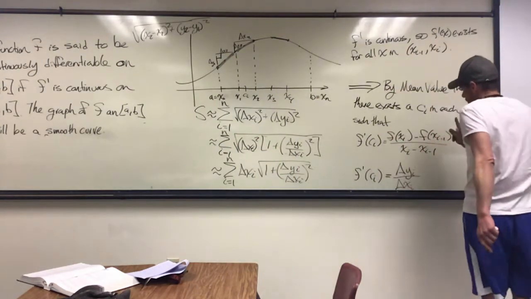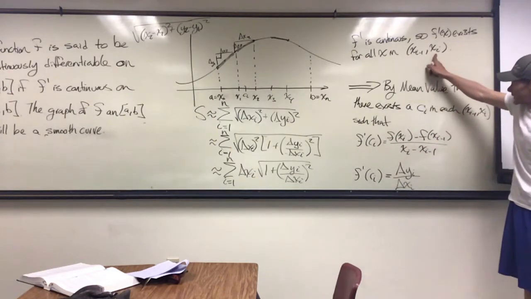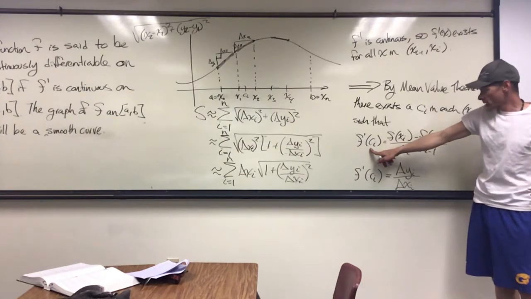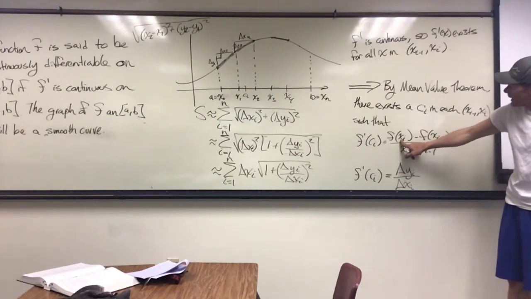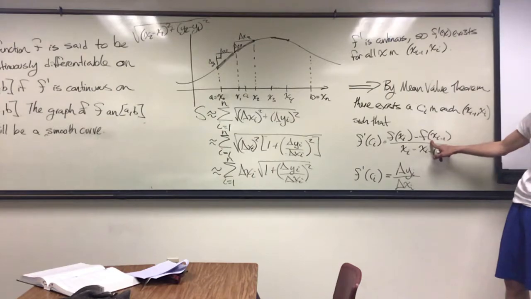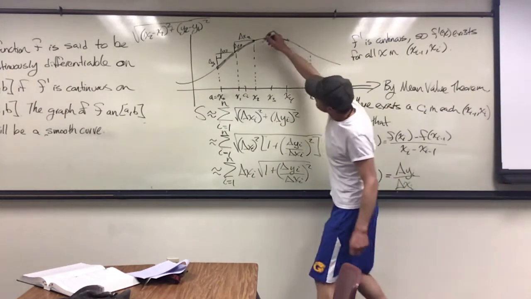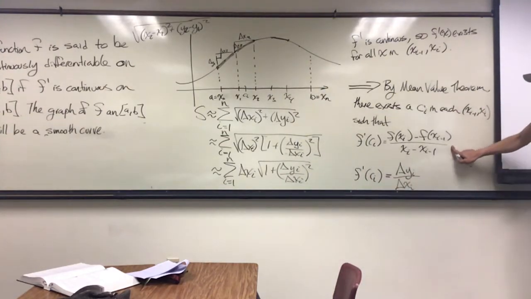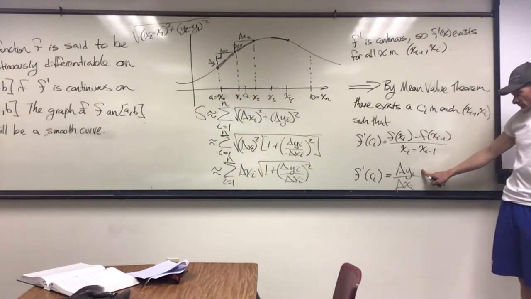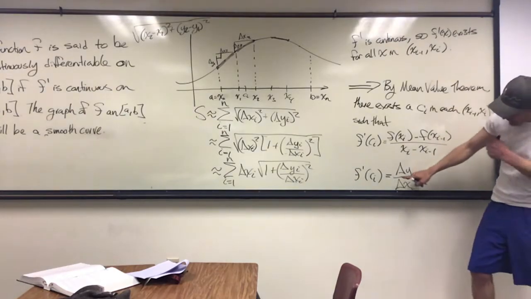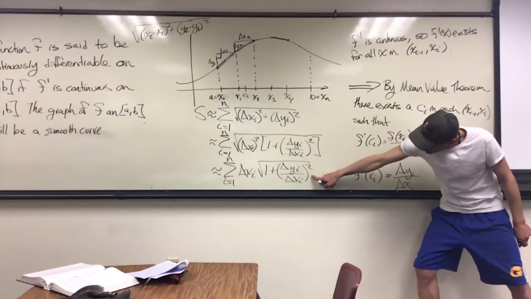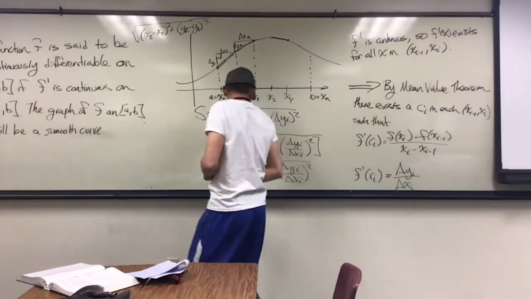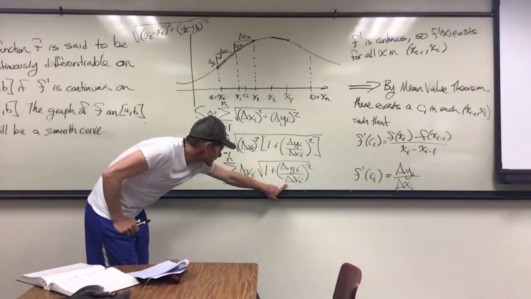And that means, of course, since we're on this interval, that f prime at c sub i is f of x sub i minus f of x sub i minus 1, over the change in x. This is change in y over change in x, right? But that is also change in y over change in x. You see it? That's the same thing. So this is the derivative.